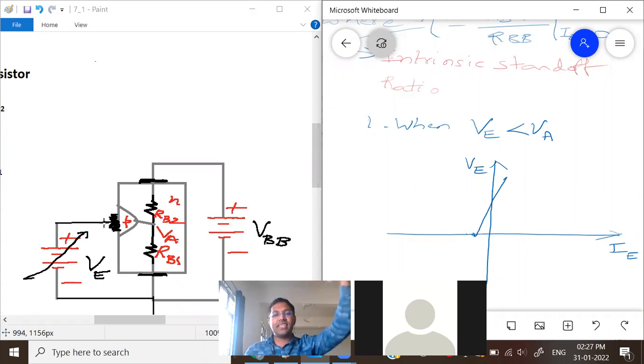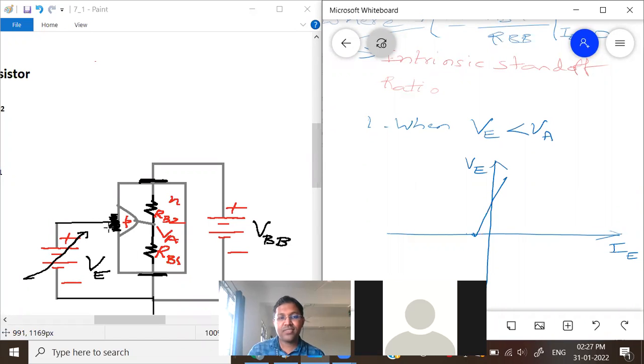P side voltage is increasing compared to the N side, which is constant, so the diode will turn on. When the diode turns on, charge carriers are injected. When the diode is on, the current will flow like this, in this path. I hope all of you are able to see my mouse.